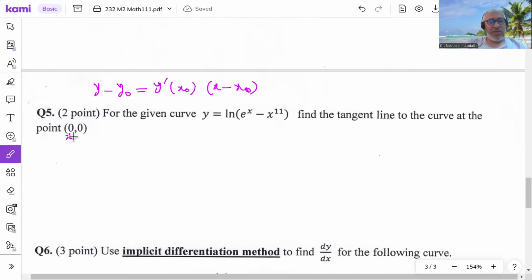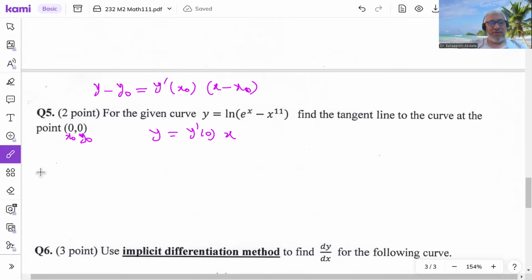Well, this is x0 and this is y0. So the equation would be y minus y0, which is 0, equals y prime at 0, times x minus x0, which is 0. So that's the equation, and all I need to find is y prime at 0.